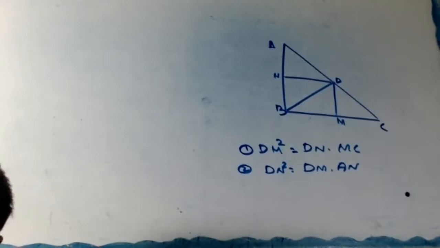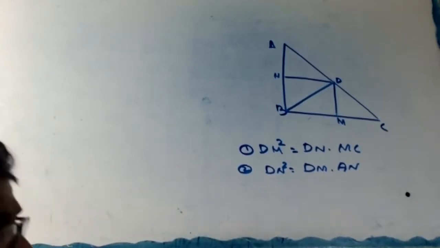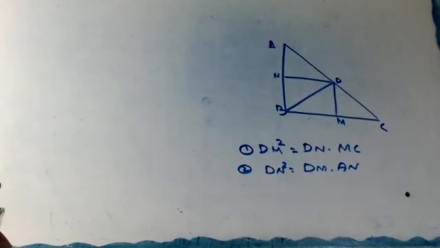Okay, you got the first one. Question again. D is a point on the hypotenuse AC of triangle ABC such that BD is perpendicular and DM perpendicular, DN perpendicular. Okay. Try now.